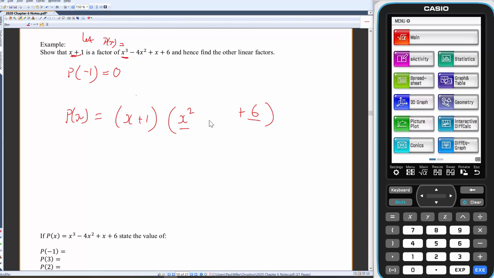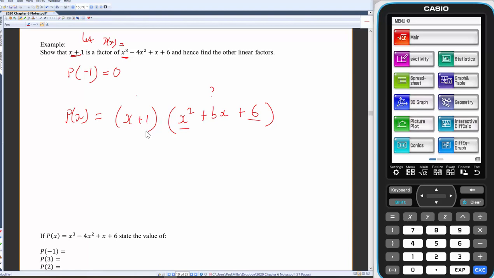The only thing I don't know is this middle term, which we'll say is plus bx. I don't know the coefficient, but I can work it out fairly quickly. I think about what methods would generate an x term.